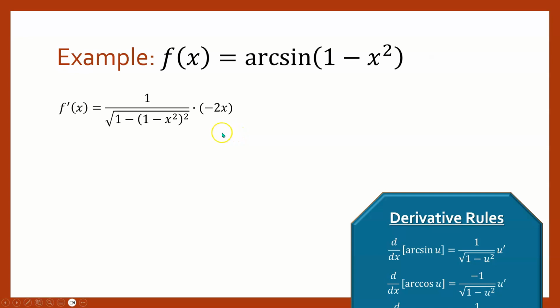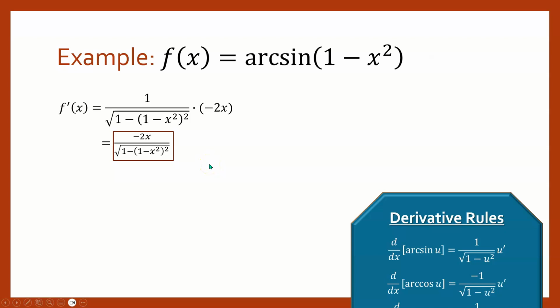So here that means we get 1 over the square root of 1 minus x squared squared times the derivative of 1 minus x squared, which would be 0 minus 2x to the first power, or just negative 2x. So I can just multiply that together and write it as negative 2x over the square root of 1 minus the quantity 1 minus x squared squared.